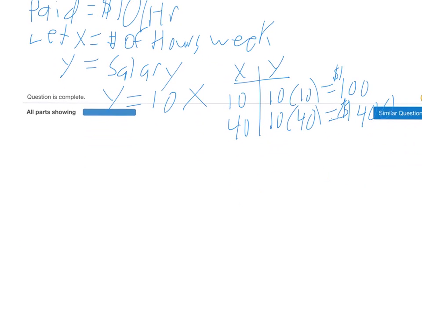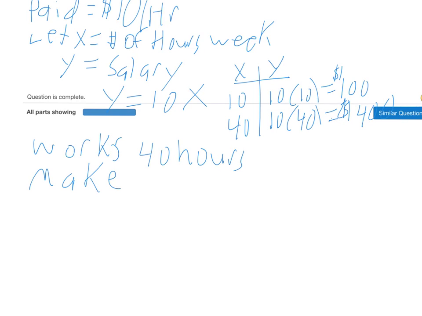Let me make up an example. Anyway, let's say somebody works 40 hours in a week, and they make maybe $600.